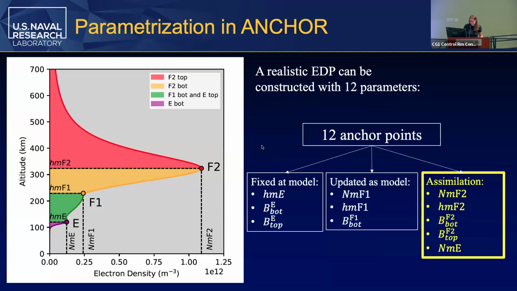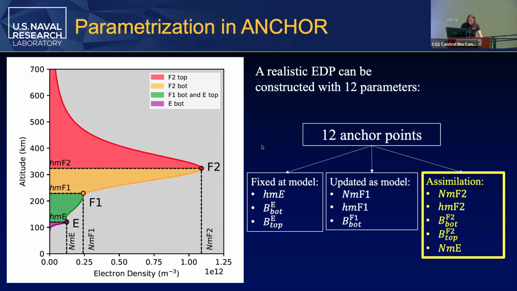So the approach for Anchor is that we don't need to have a lot of points in our data simulation to represent the vertical structure of the ionosphere. All we need is only 12 parameters, because the very realistic electron density profile of the ionosphere can be described with only 12 numbers.